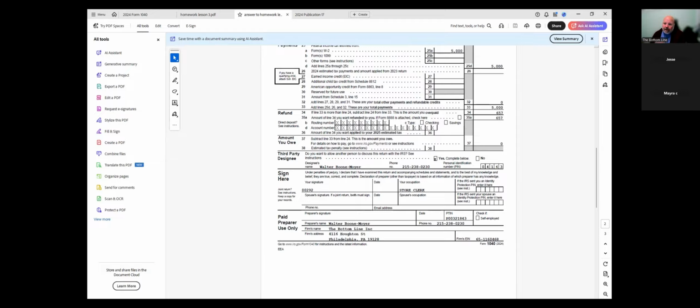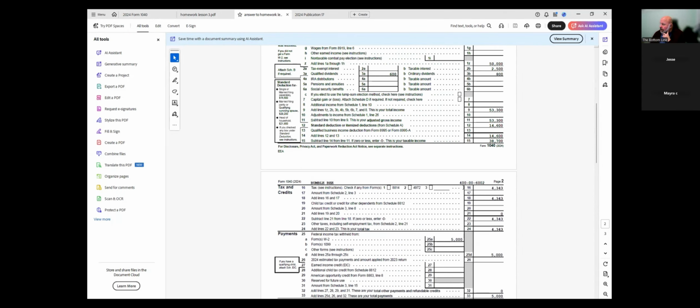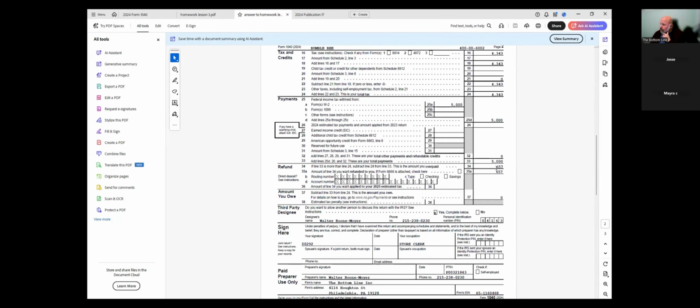So 35A is the refund. Line 34 is the amount of overpayment. The tax liability was $4,343, and $5,000 was withheld in federal tax.